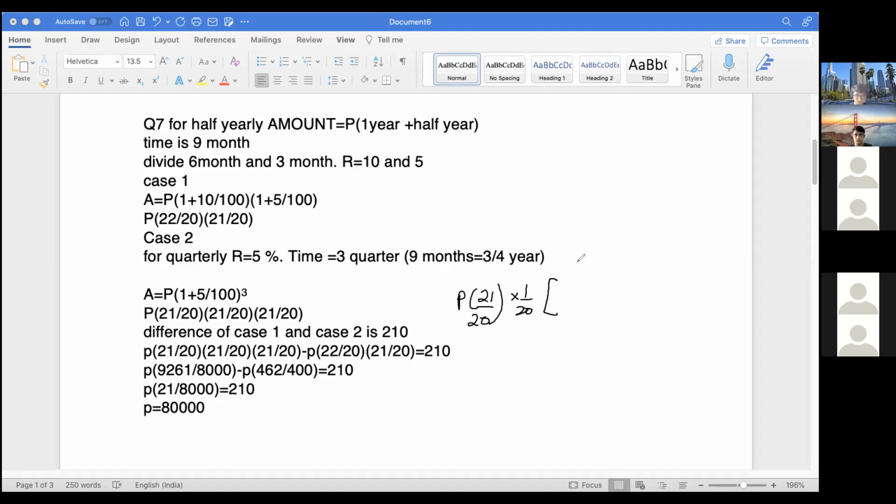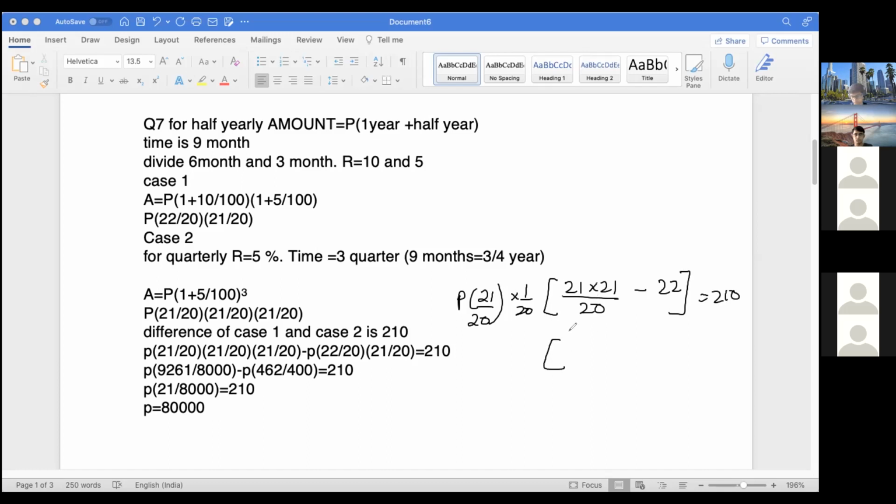So what do we have inside? 21 into 21 divided by 20 because 20 common आ गया, minus 22. So this I'm doing LHS only. ठीक है, कैलकुलेशन दिखाया नहीं है, so I'm showing you the calculation over here. 210 हो गया. So this is inside the bracket.